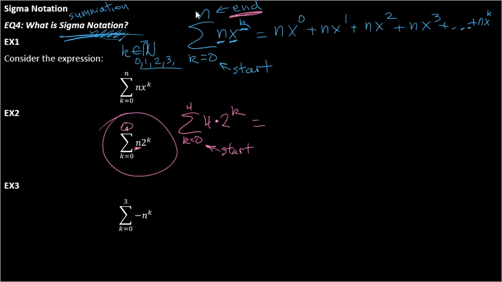The way this is going to work, I'm going to start at 0 and end at 4. So I'm going to say 4 times 2 to the k, plus 4 times 2 to the k, plus 4 times 2 to the k. And I'm just going to keep on going.